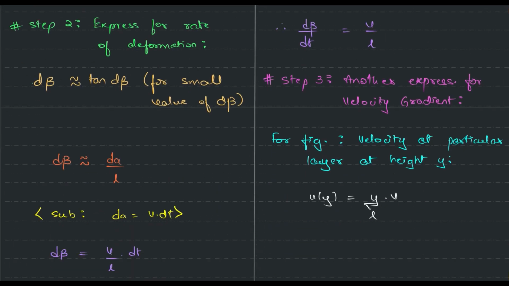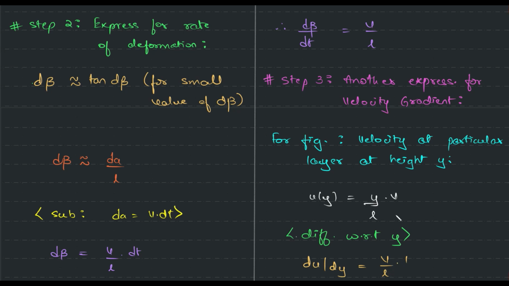Now, if I differentiate this with respect to y, we end up with du by dy equal to, L and V are constant, so V by L times the differentiation of y with respect to y, which is 1.